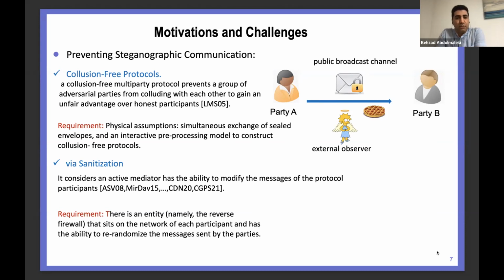And there are also some other approaches which I will not go through, for example, using trust setup or other things.